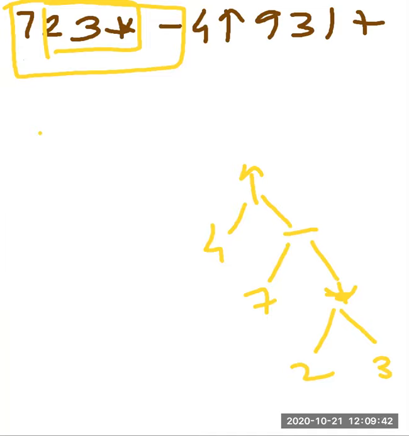And then it is added with this part of the tree. So this is 9, 3 and division, 9 and 3.